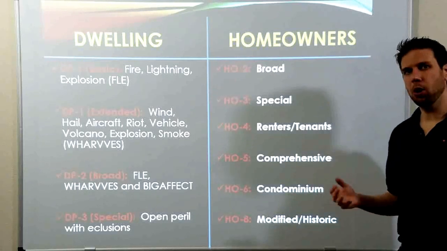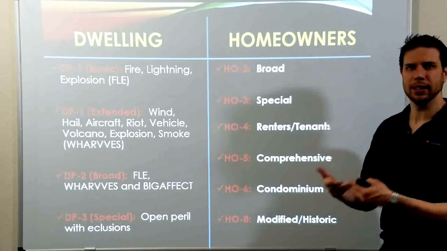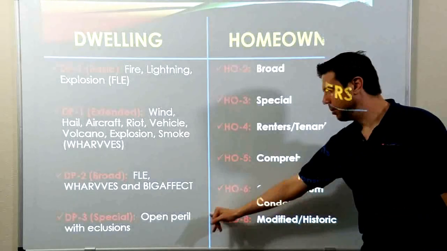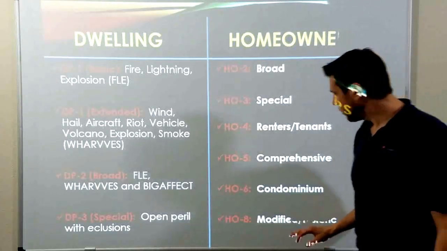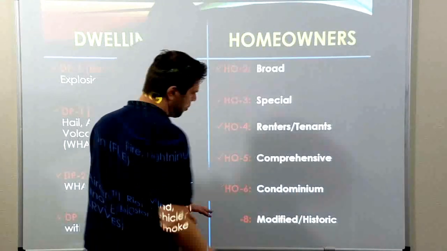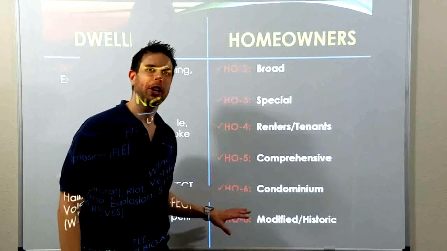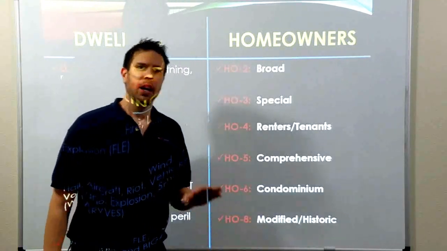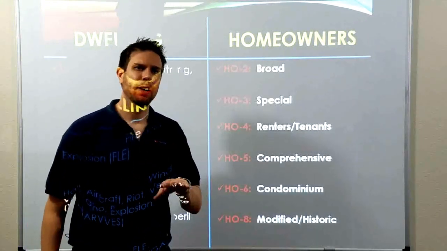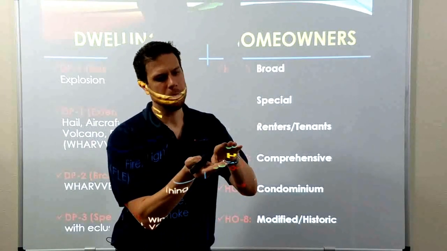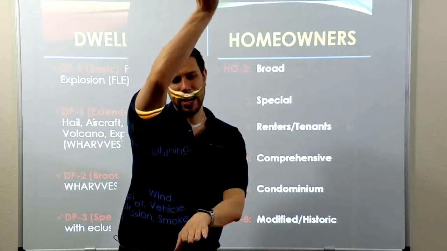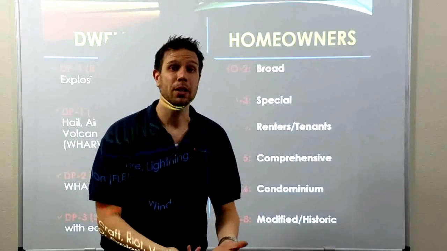And if they have a really old home that's unique in a historic district, then you might sell them an HO8. The HO8, the Homeowners Form 8, uses something called market value. Market value is for houses where the replacement cost is a lot higher than it would cost to rebuild.